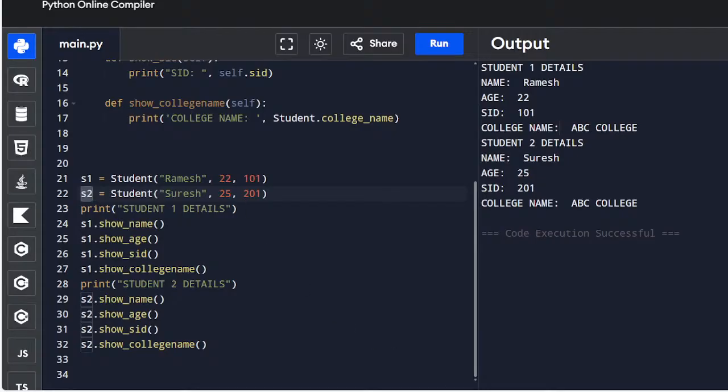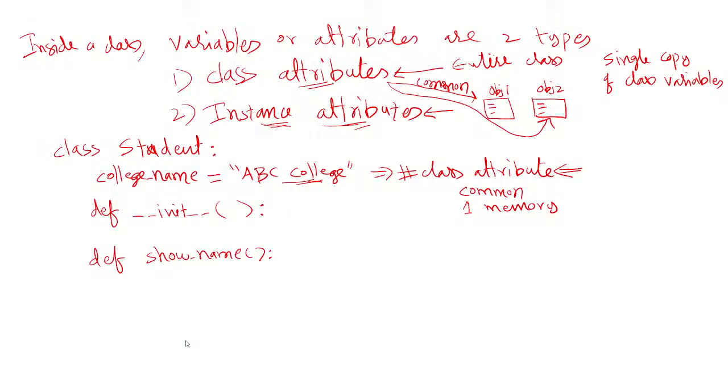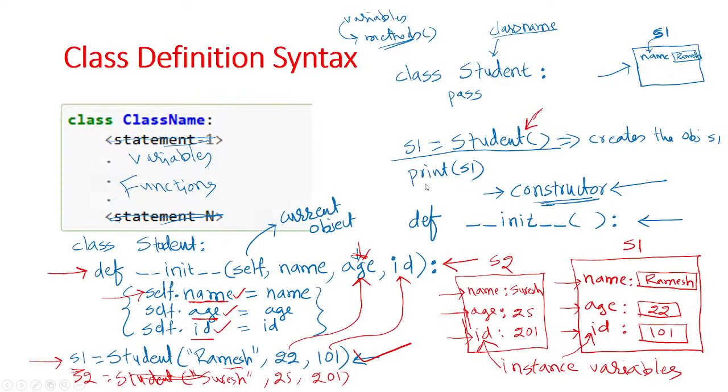Now I'll show the diagrammatic representation of class variables. Let us look at it. Here s1 and s2 hold the instance variables.